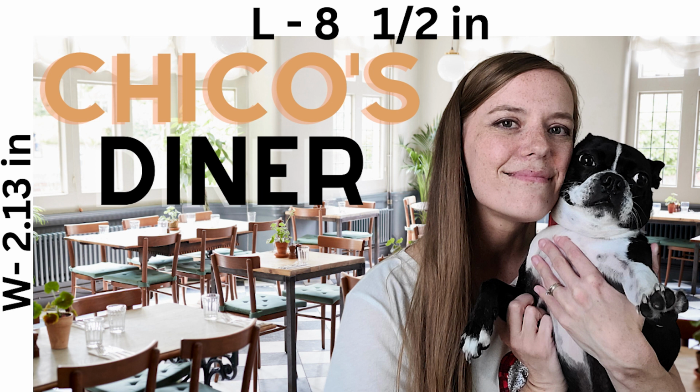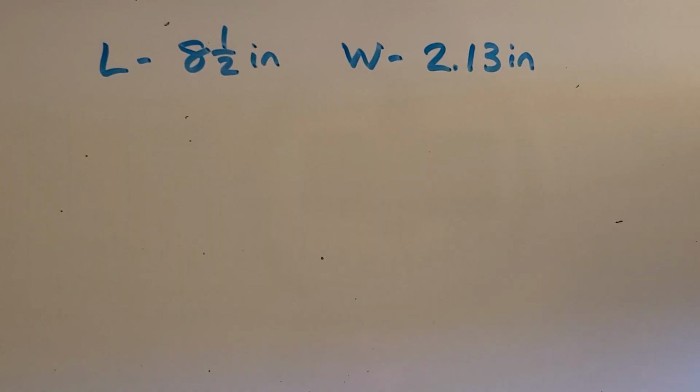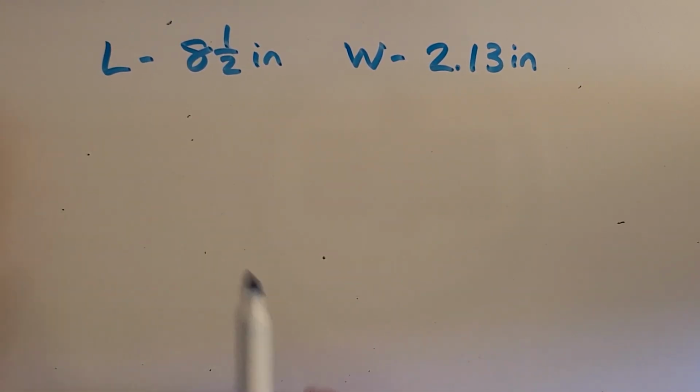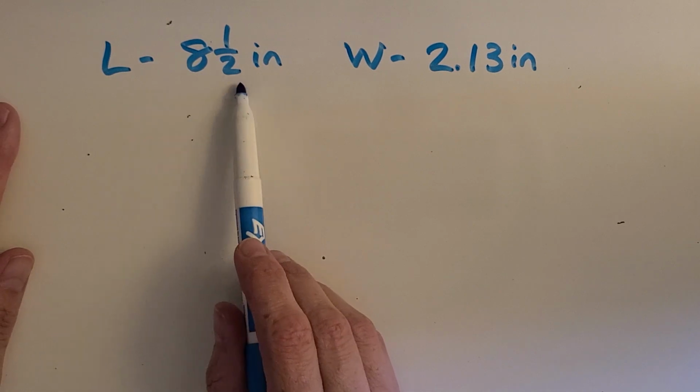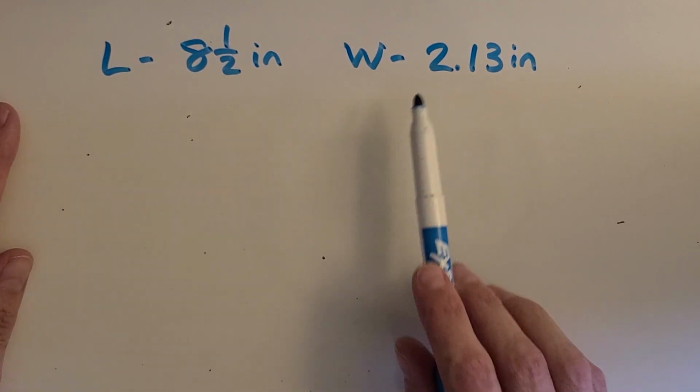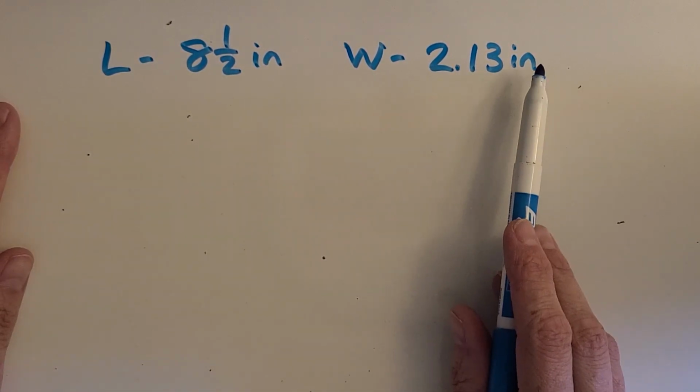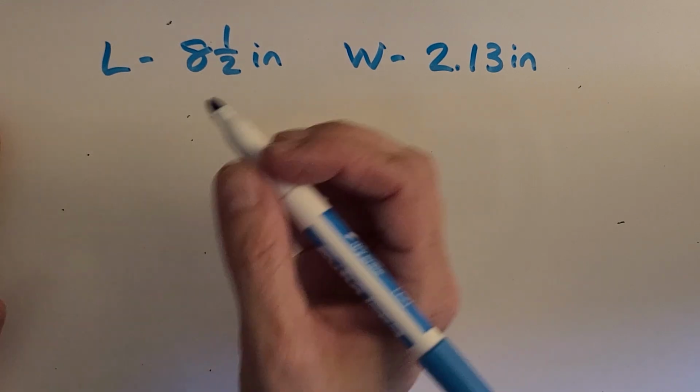So let's move over to the whiteboard, and I have 2 different strategies for you that can really help you solve a problem like this, finding the area of rational numbers. Okay, so here are our dimensions. We have 8.5 inches as the length, 2 13/100ths inch as the width, and we want to know the area.